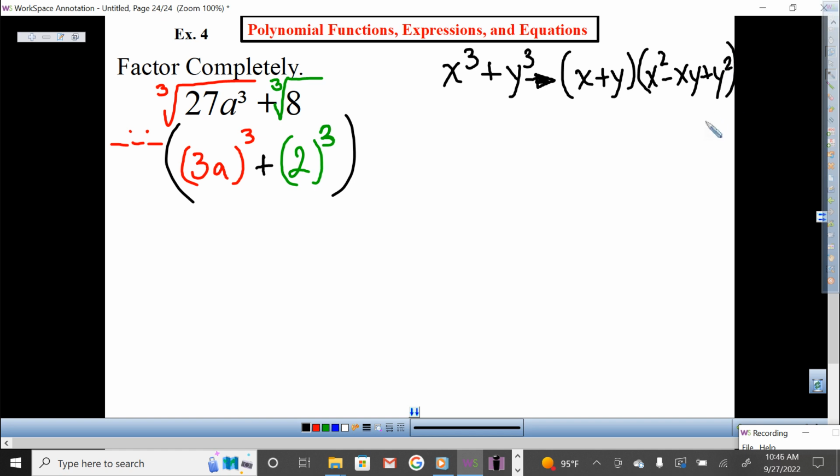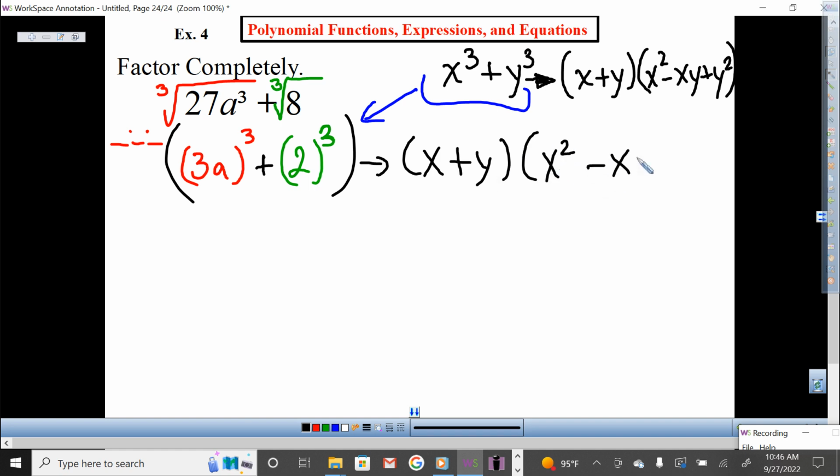Let's go. Yes. So that means if this looks like that, we're going to use these 2. We got x plus y and x squared minus xy plus y squared. However, instead of x, what do I use? 3a. And instead of y, we use 2. So we substitute all the way through. This is 3a squared.